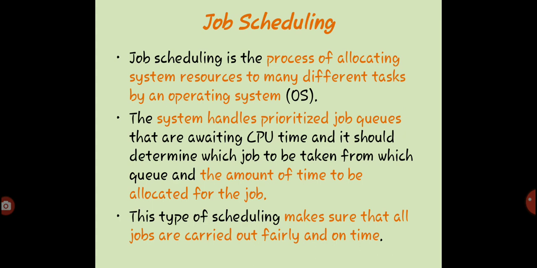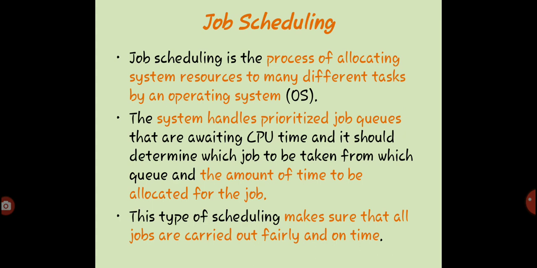So this scheduling will be done by the operating system of a computer in order to remove the inequality among jobs. Any job with any priority has to get the processor, which is the CPU. So this is the motto of job scheduling.